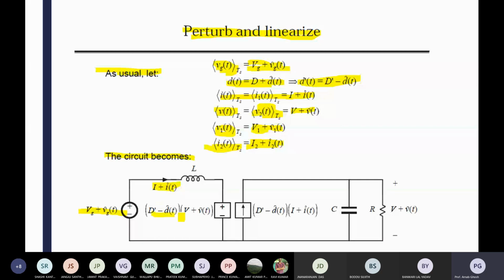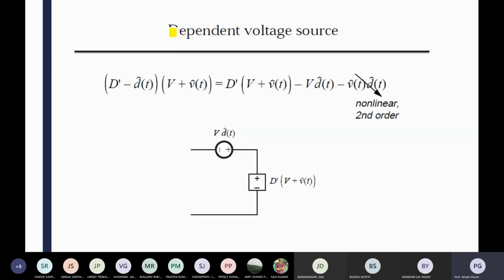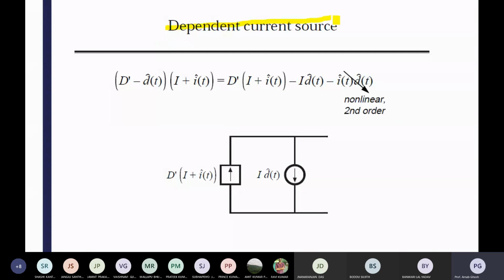Multiplying again, the product of two cap values is nonlinear, second order, so you can omit it and neglect it. For the dependent voltage source, you multiply them and finally get the terms with d cap(t) and V, plus d' times V cap(t). Then for the dependent current source, the same thing: you multiply them again and get the equations, where the nonlinear portion with I cap(t) and d cap(t) can be omitted.